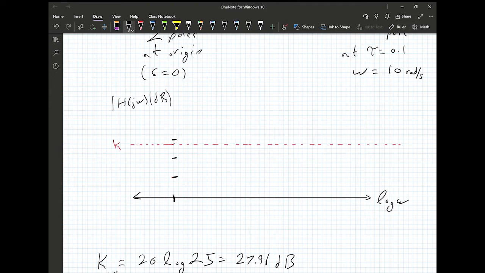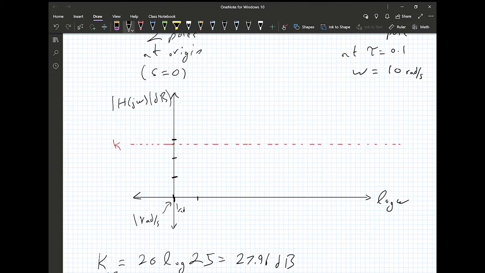And then I'll select it such that every 5 squares is 1 decade. Right, let me actually make it wider.